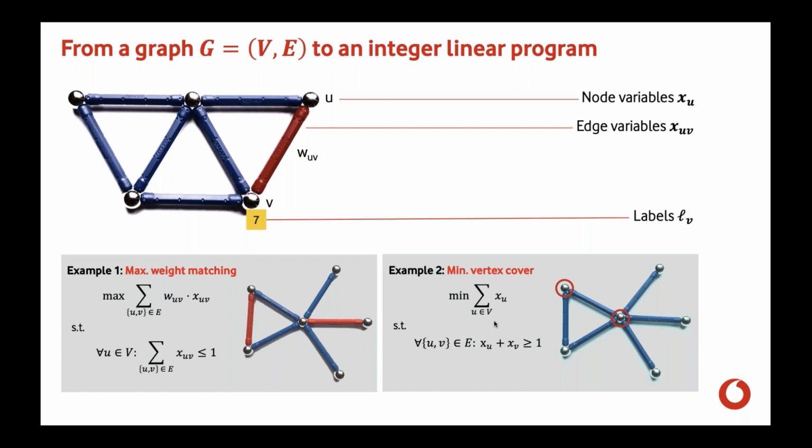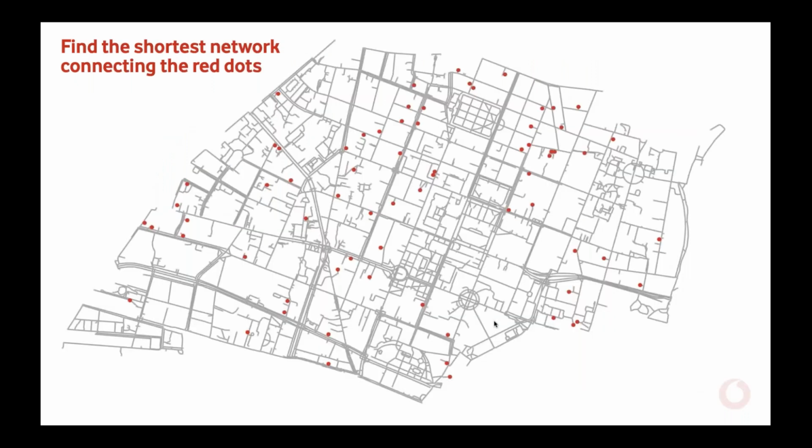So in this case, we're just minimizing the sum over the indicators of all the vertices. So that's just counting the number of vertices in the solution. And then the constraint here is given such that each edge should be adjacent to one of the vertices that are chosen for the solution. And you can see all the constraints are also always linear, and in ILP, we can have linear equations or inequalities.